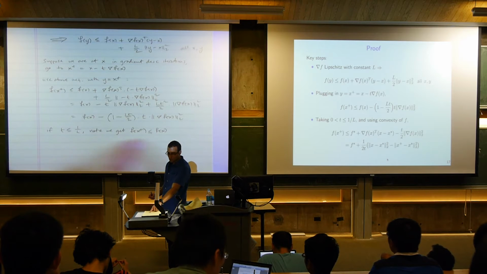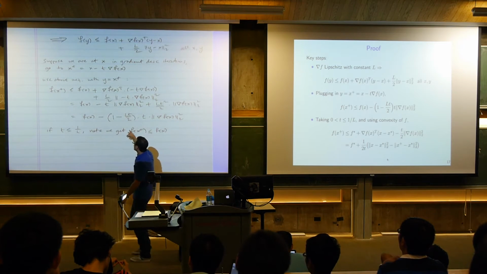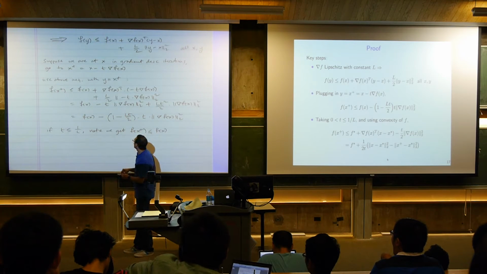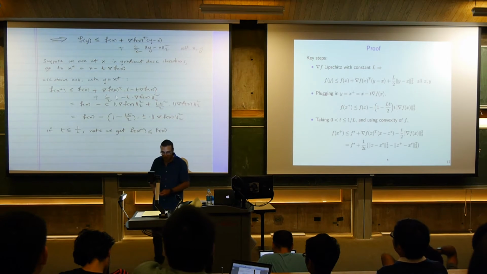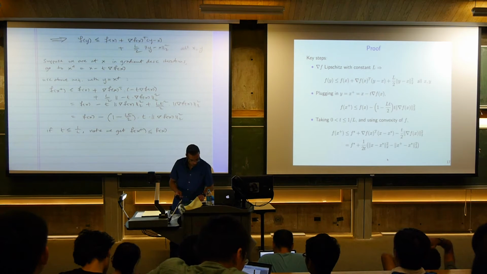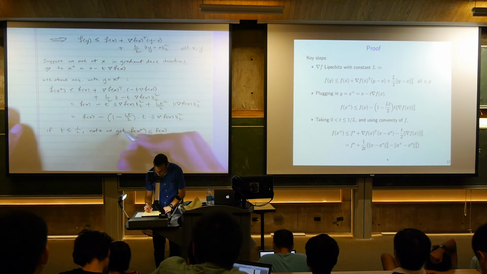If it's less than or equal to 1 over L, we get f of x plus less than or equal to f of x, just from this inequality. If I take t less than or equal to 1 over L, then in fact we get even better than this.